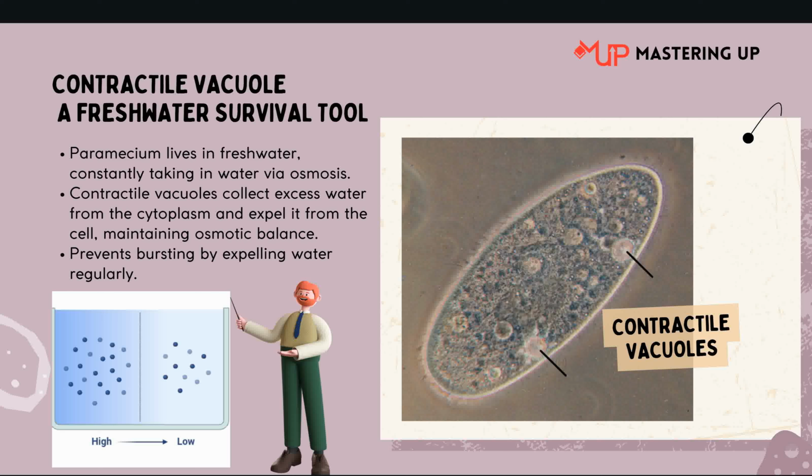As paramecium lives in fresh water, the water from the outside environment enters the paramecium, and if paramecium doesn't have a mechanism to expel this water, then it will burst. Hence, it is a freshwater survival tool.